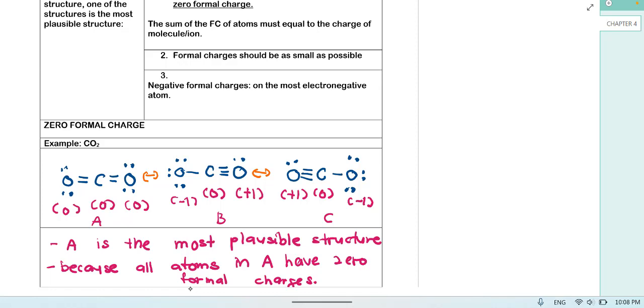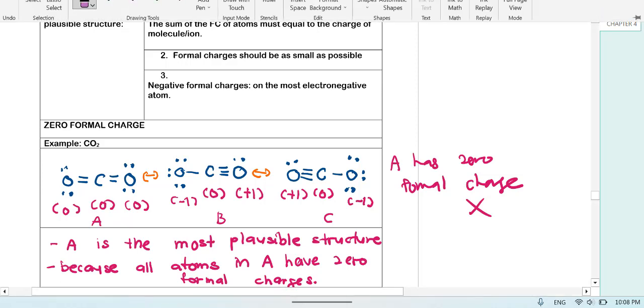Kita tak boleh sebut A has zero formal charges. Salah. Kalau ayat dia A has zero formal charges, ni memang salah. Kenapa salah? Sebab B dan C pun ada zero formal charges. Yang berbeza adalah all atoms in A have zero formal charges.